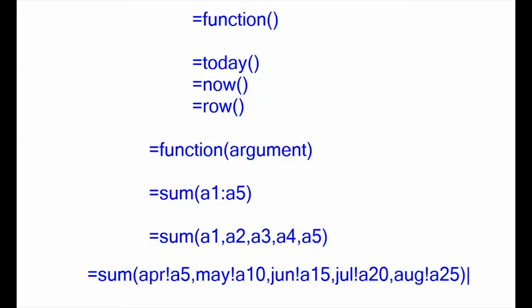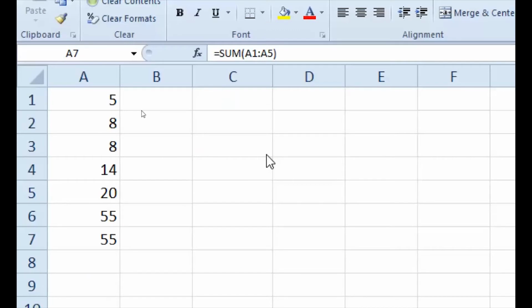This formula is going to go to 5 different worksheets and go to a cell on each one of those different worksheets and it'll add it all together. And so the basic understanding of formulas allows us to do so many different things. So let's get back into Excel and take a look at how some of these might work.